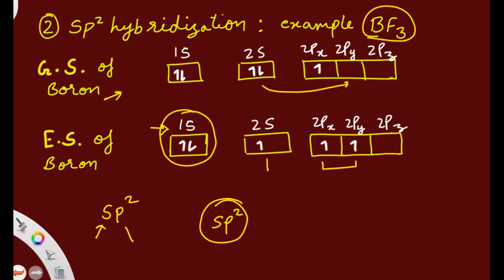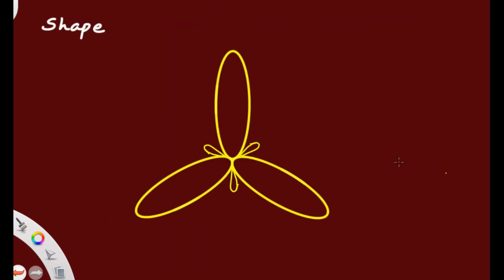Now let's look at the structure. This is the shape of sp2 hybrid orbital, and the central atom is boron. The structure will be like this: BF3. The angle between the two bonds is 120 degrees.